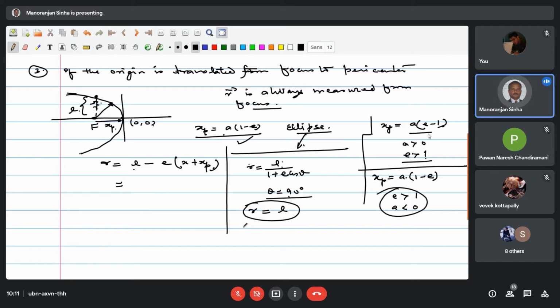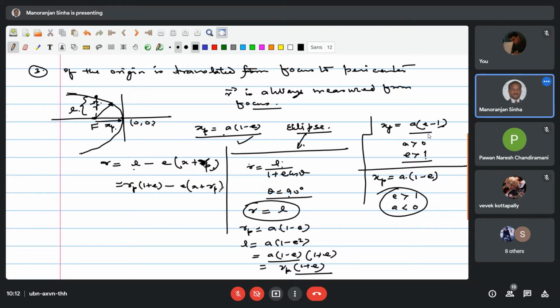With the r perigee, we have already written a times 1 minus e, and l equal to a times 1 minus e square. So this becomes a times 1 minus e times 1 plus e. This quantity is r perigee. So r perigee times 1 plus e. Let us say this r perigee we write here. The r perigee times e will cancel out.